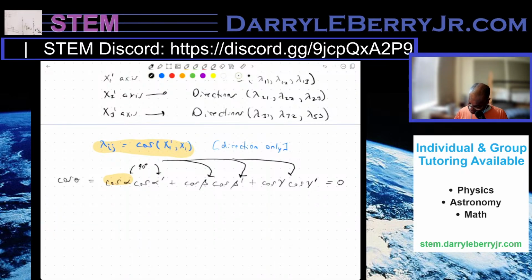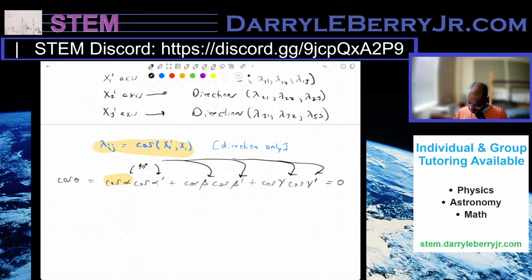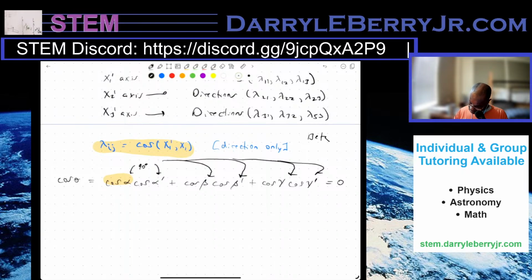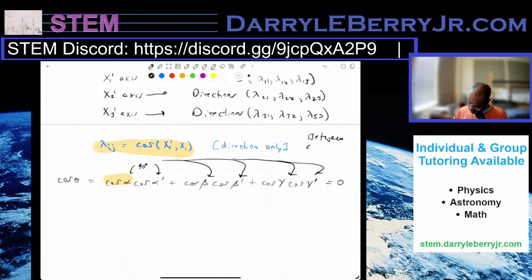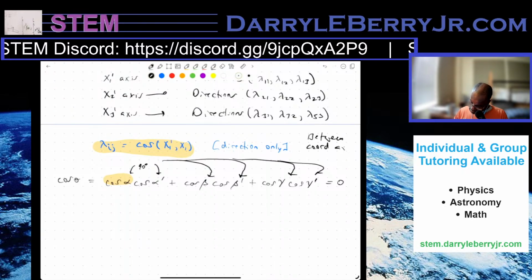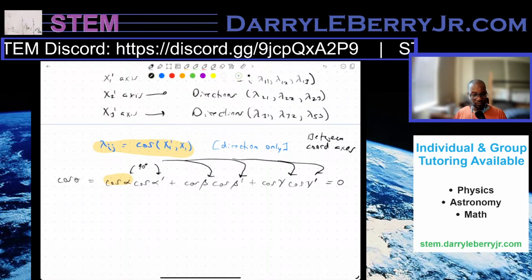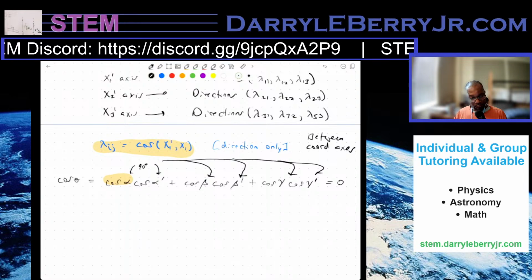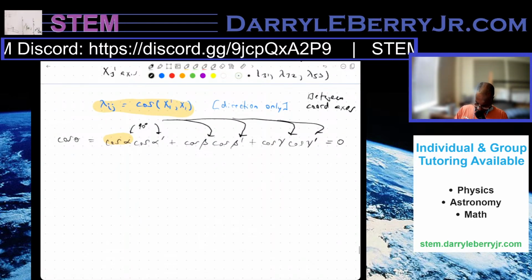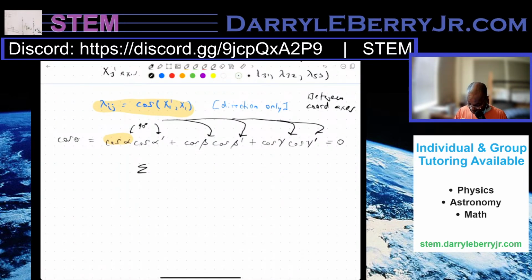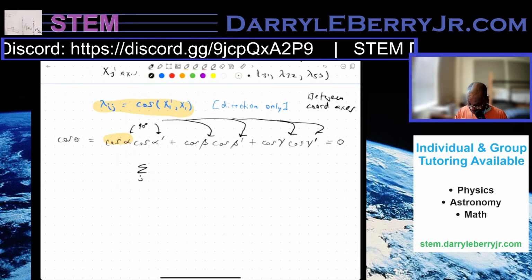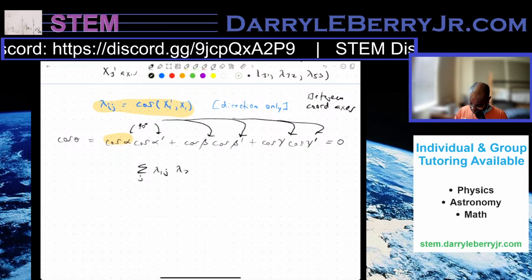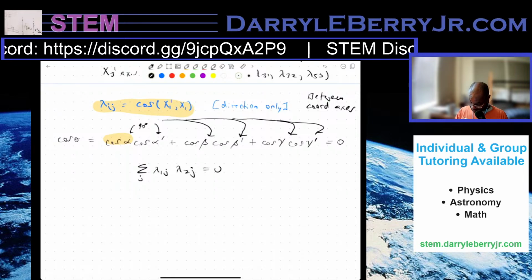If we were to apply this between coordinate axes, the sum over all values j of lambda 1j lambda 2j equals 0.